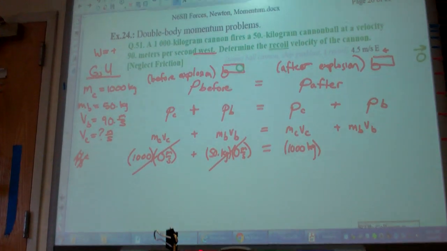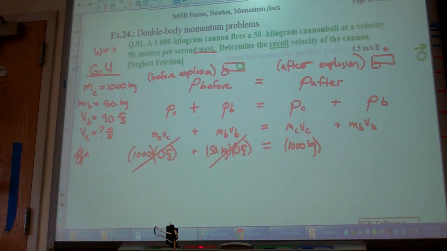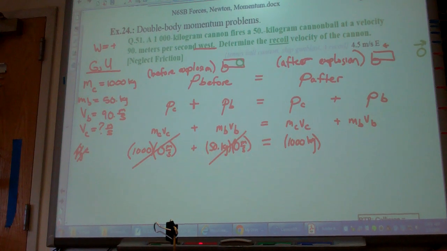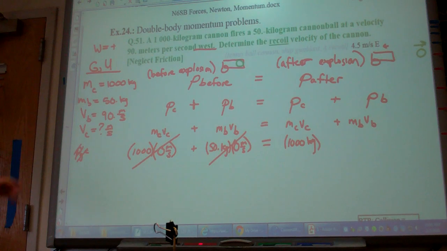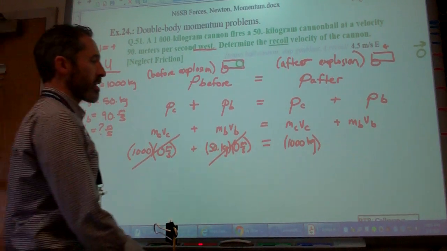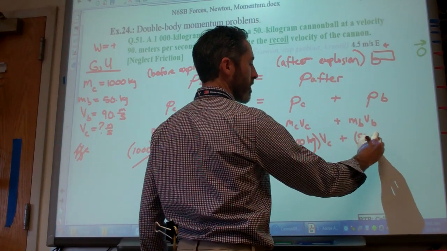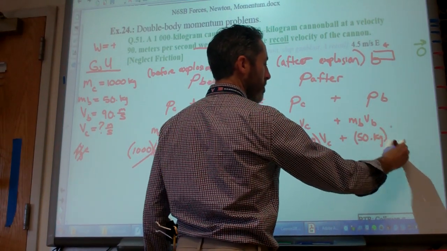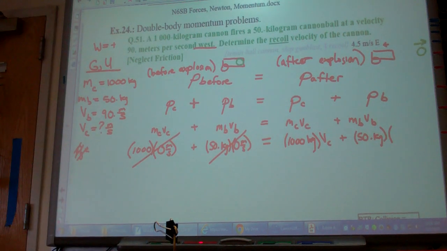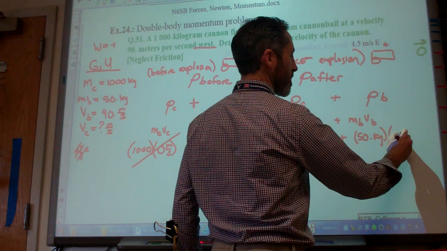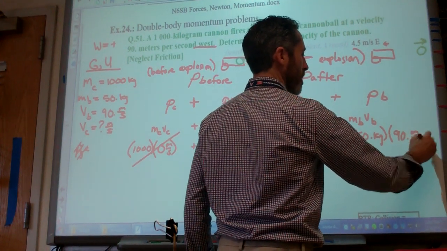Do we know its velocity over here? That's its velocity after. That's actually the question mark. That's what we're trying to get. So we're going to leave that as the velocity of the cannon. Plus the ball, which we know is 50 kilograms, times, do we know its velocity? That's the 90 meters per second west because it's on the after side.